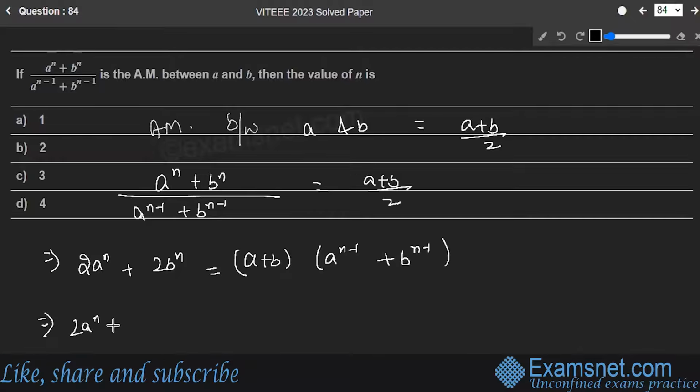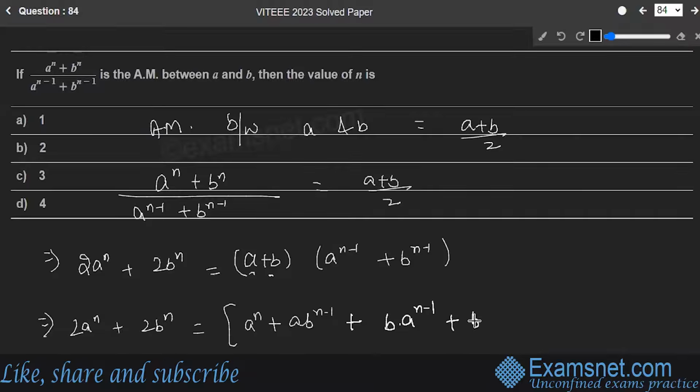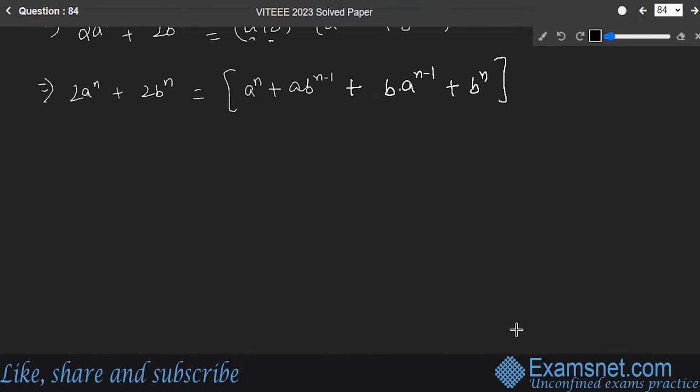So 2(a^n + b^n) is equal to a multiplied by this, it will be a^n plus a into b^(n-1), plus b into a^(n-1), and b into b^(n-1) will be equal to b^n only.